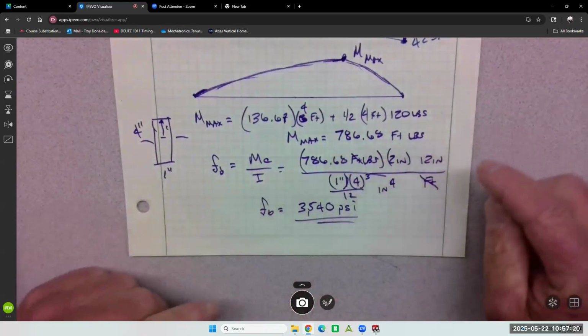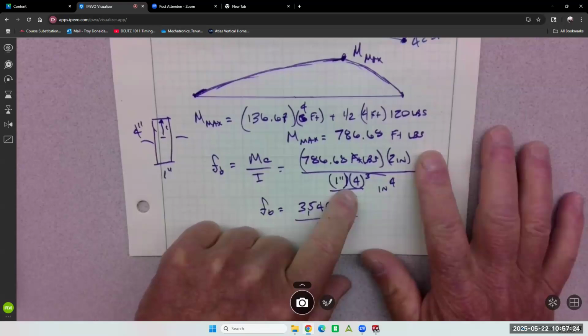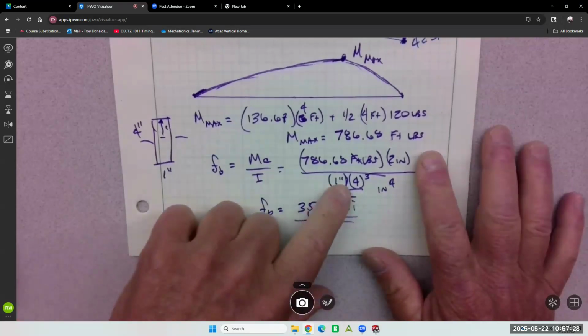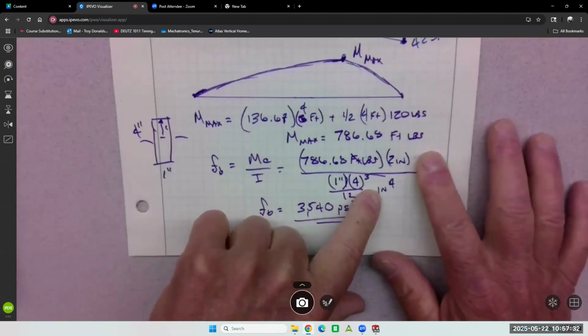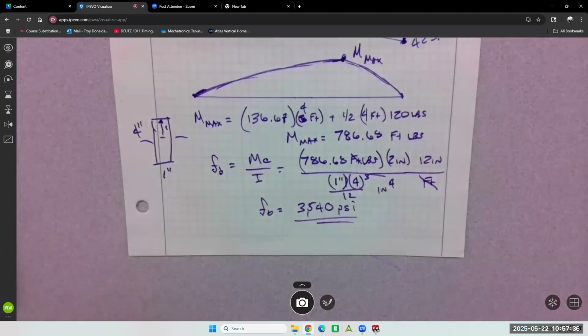No, this you probably wouldn't do. If you wanted it in pounds per foot squared, you'd have to get this unit, inches to the fourth, you'd have to do a factor of 12 to the 4 over 1 to the 4. But you're never gonna wanna do that, because the tables are always gonna give you PSI or KSI. The numbers get big, then you just take 1,000 away to get KSI.